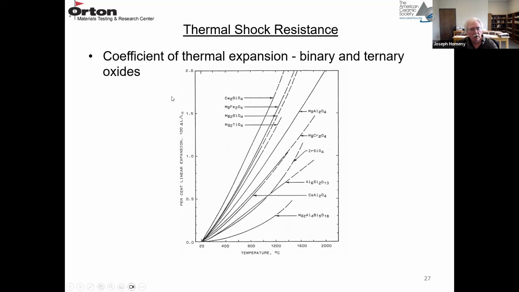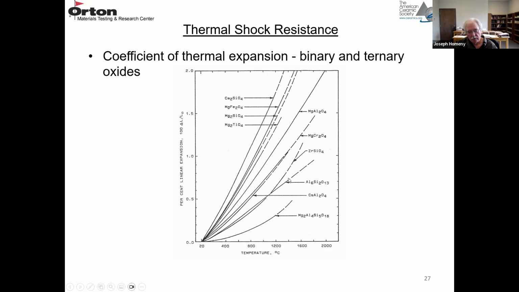Some of the binary and ternary oxides are shown here. This is the same scale, expansion versus temperature. Here's a dicalcium silicate. Here's a spinel structure. Here's the magnesium silicate phosphorite, and here's magnesium titanate. They're also pretty high. Here's your spinel, MgAl2O4, and here's a spinel with a chrome addition.